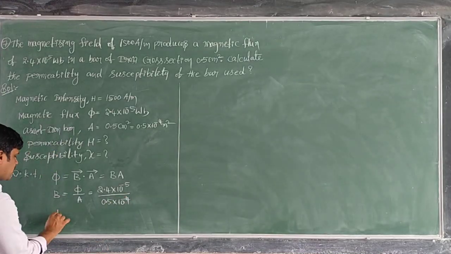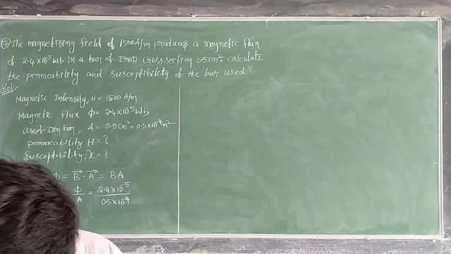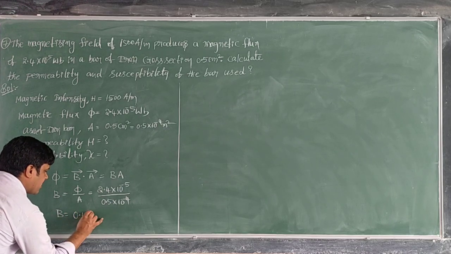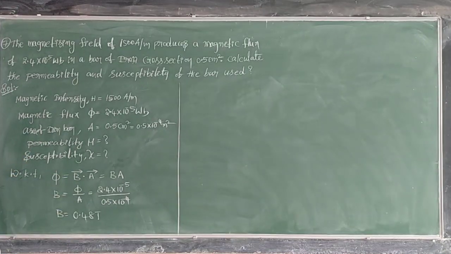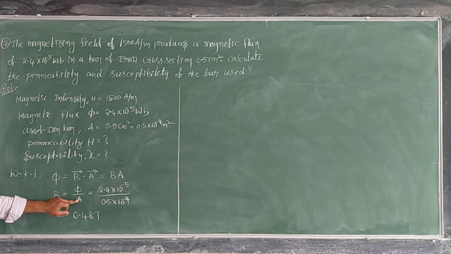So the magnetic field is 0.48 Tesla, which we got from the magnetic flux and the area.